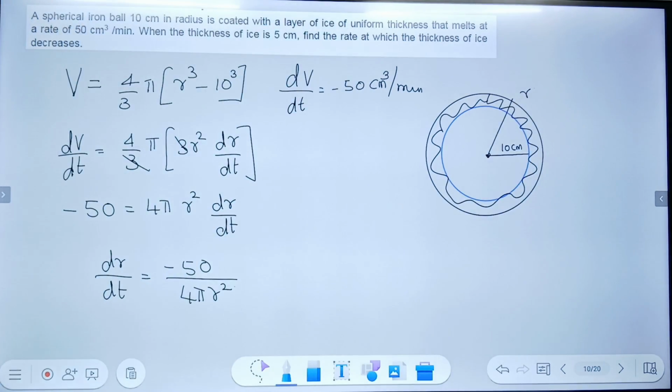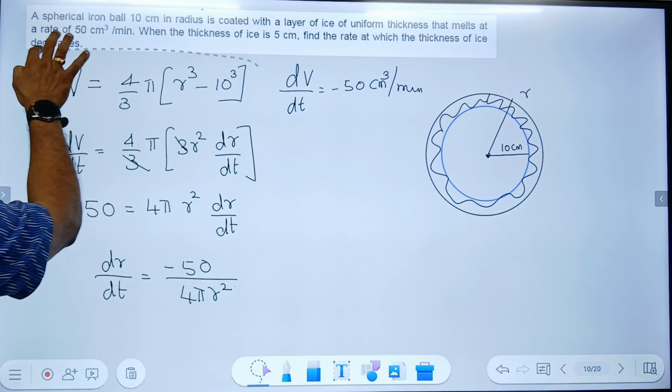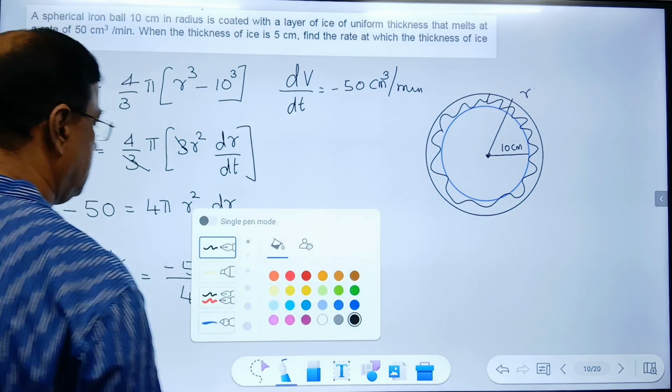Now he wants to know at what rate the thickness is changing when the thickness is 5 centimeters. Find the rate at which the thickness of the ice is changing. So I should have taken it as x. I'll just change this slightly, not a big thing.